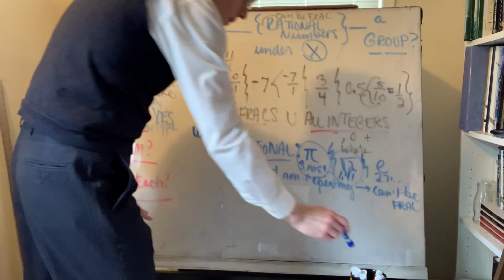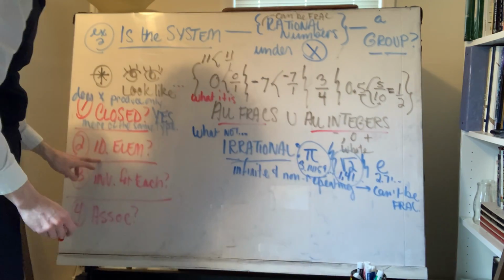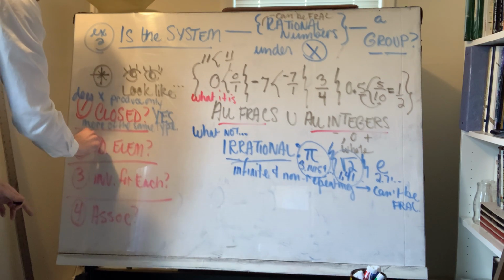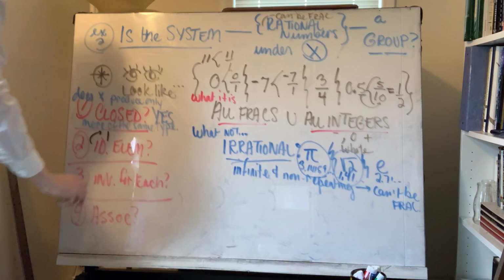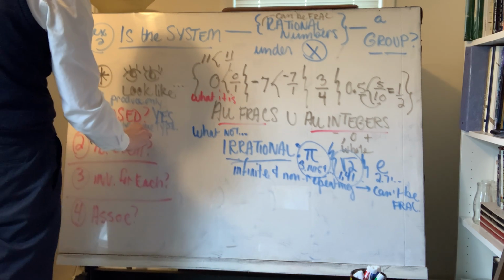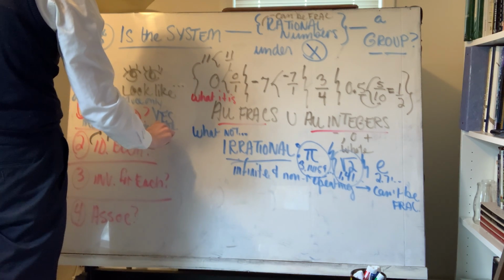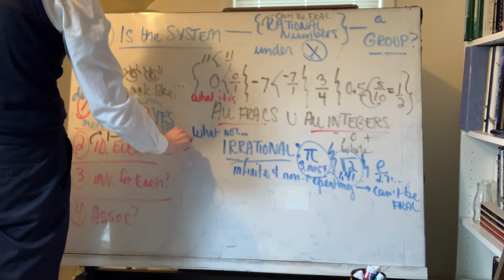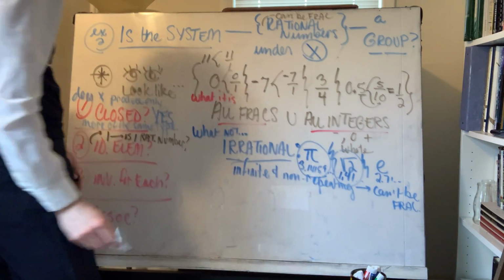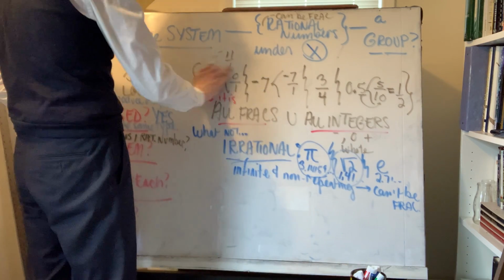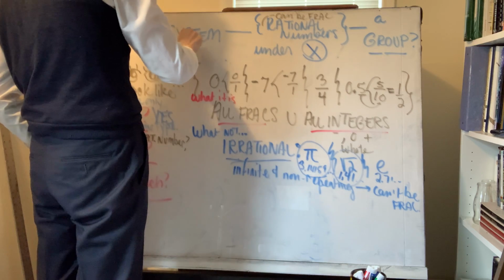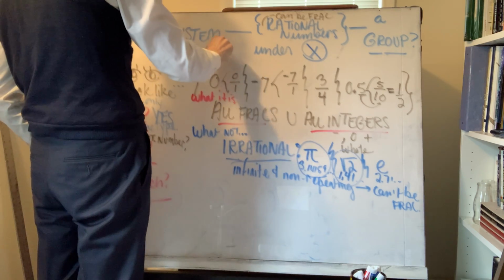Now, when it comes to the identity element, the appropriate identity element would be 1. Is 1 a rational number? Essentially, that is what you have to ask yourself. Yes, because you could take the number 1 and write it in the style of a fraction.